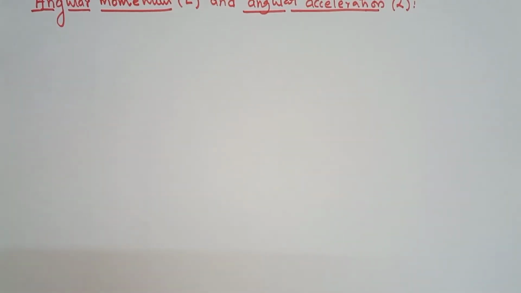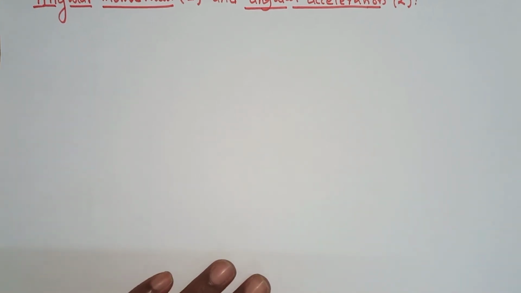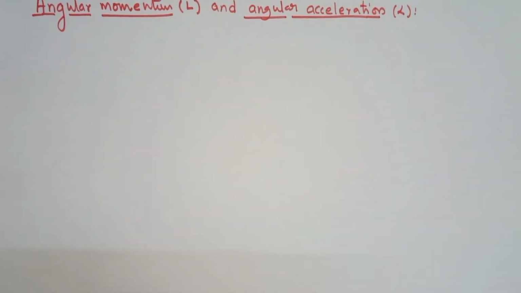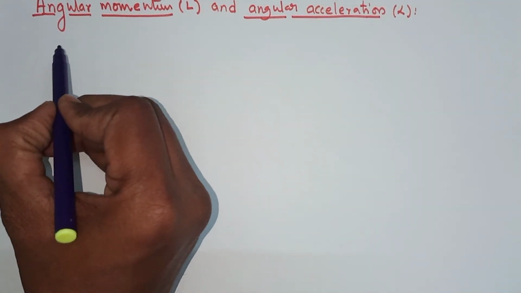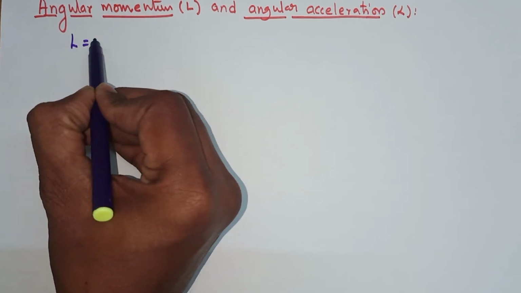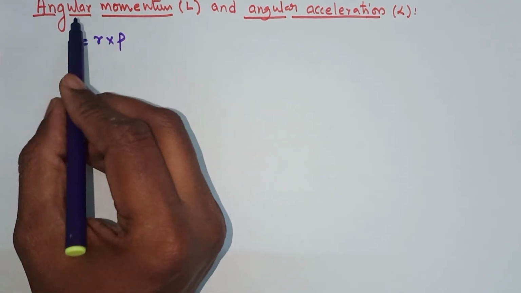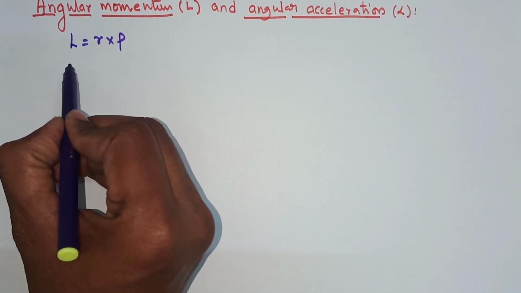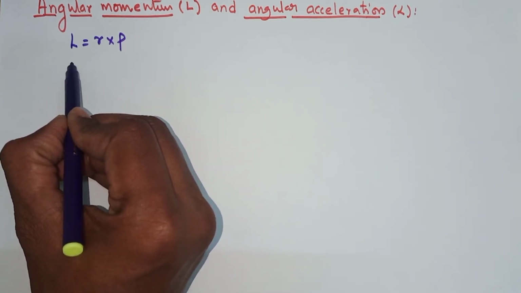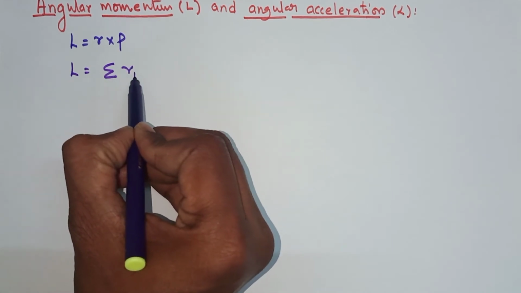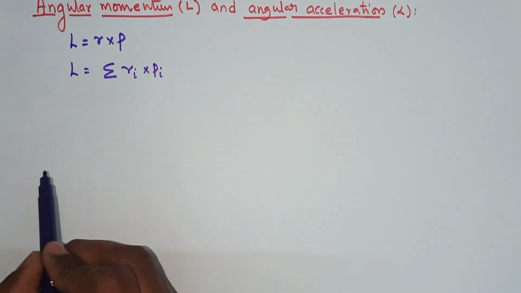Angular momentum and angular acceleration alpha. In simple terms we will observe it and we need not go into complete geometrical analysis. The angular momentum we write as L is equal to R cross P. If you consider the first particle or second particle, it is summation Ri cross Pi.